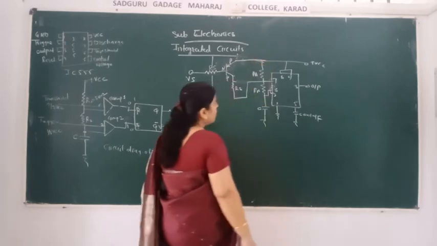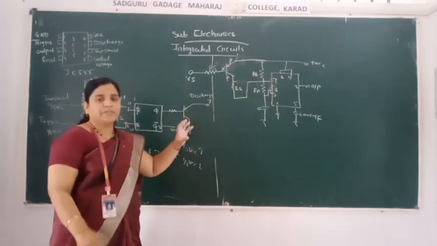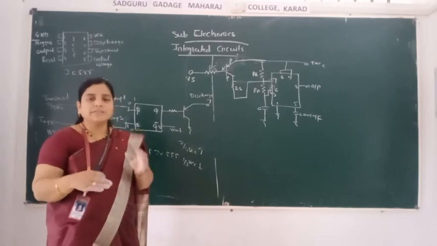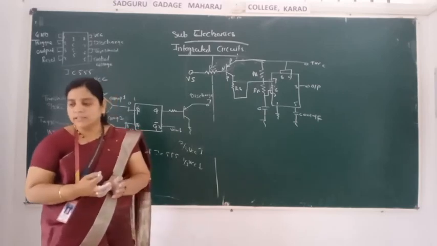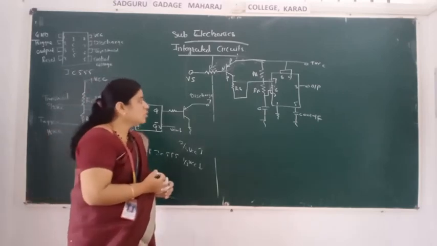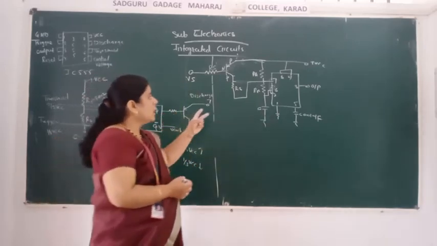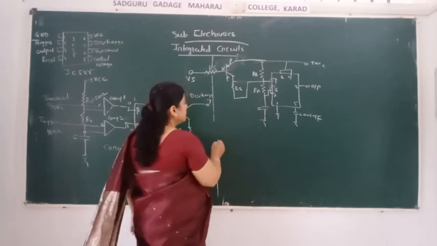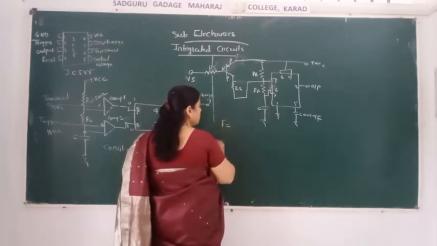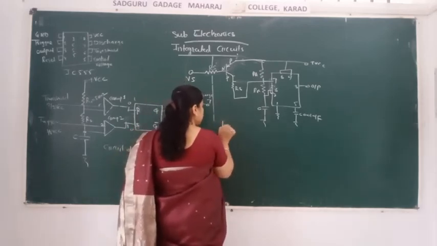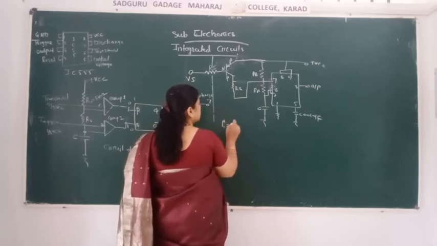So what change will be there? Frequency will be shifted here in the FSK, in two types. If the frequency is low, I will write it here as F0.